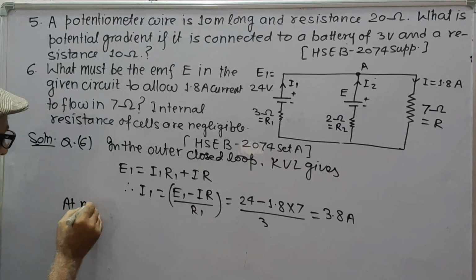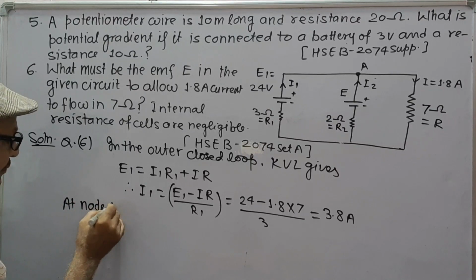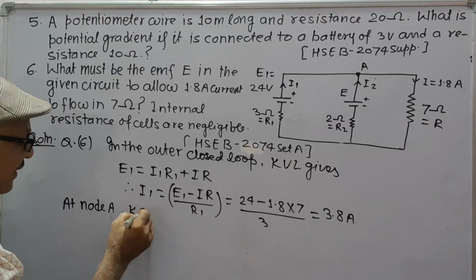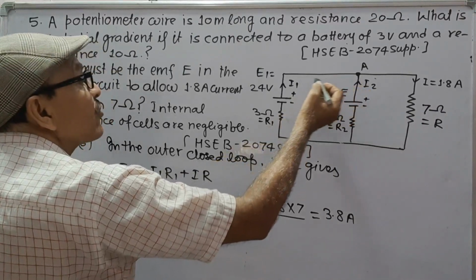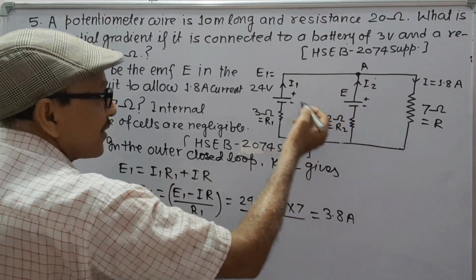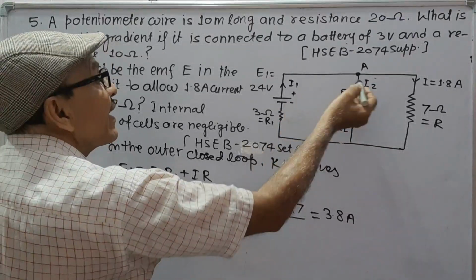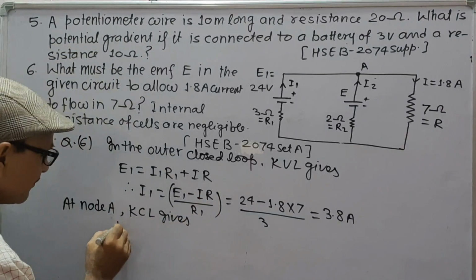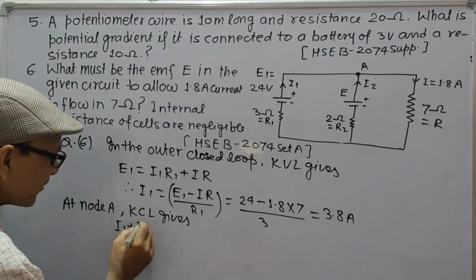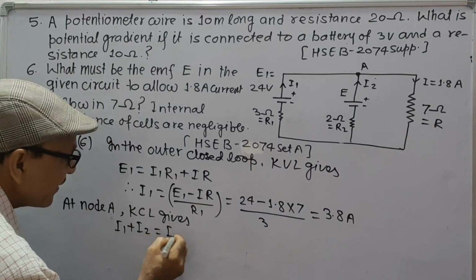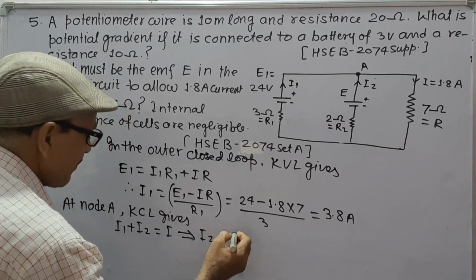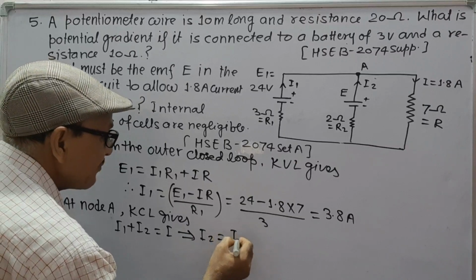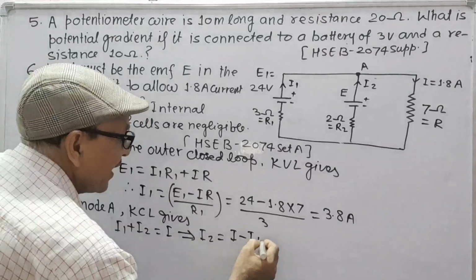At node A, Kirchhoff's current law gives that total incoming current is equal to total outgoing current. Incoming I1 plus I2, I1 plus I2 is equal to I, which gives I2 is equal to I minus I1.